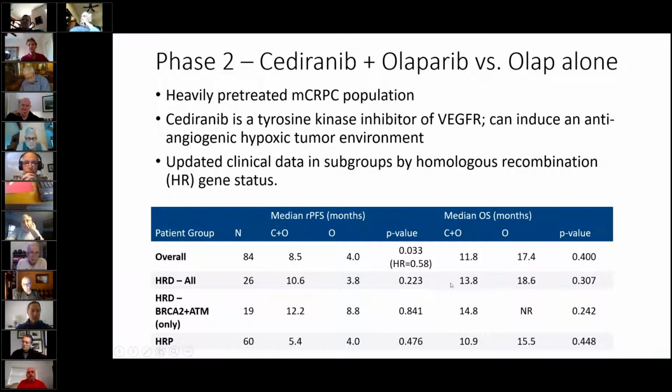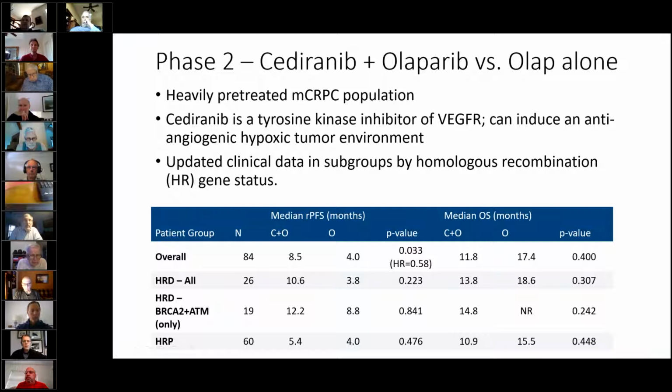So that's quite a difference. Of course, it wasn't statistically significant, as you can see under the p-value, but that's because it was a very small number of patients. But nevertheless, it's an interesting trend, and I'm sure they'll go ahead with this combination in a phase 3 trial.